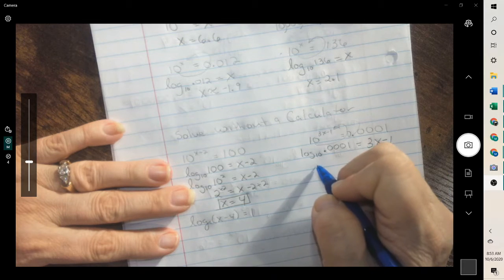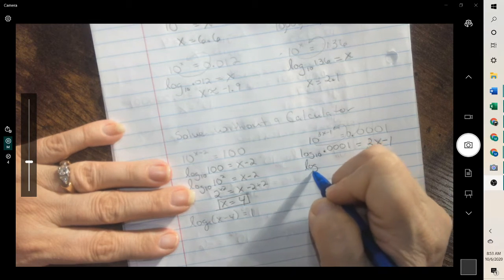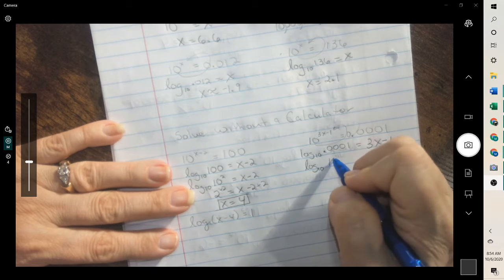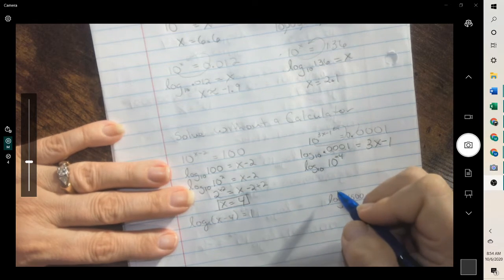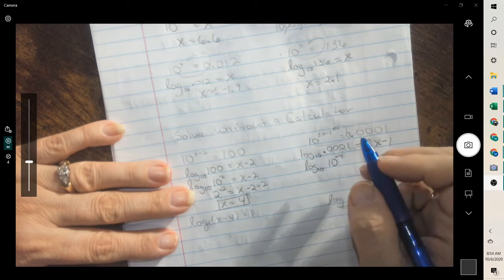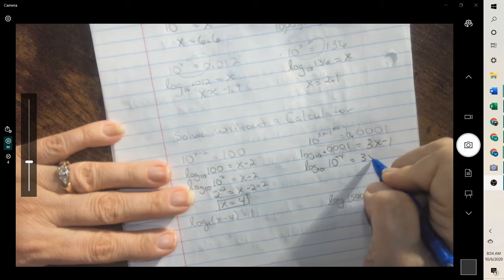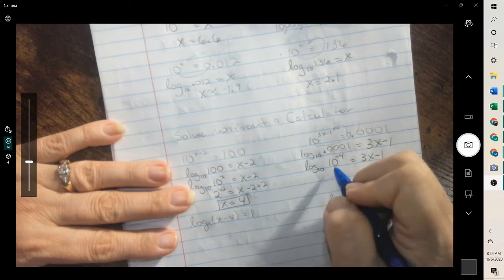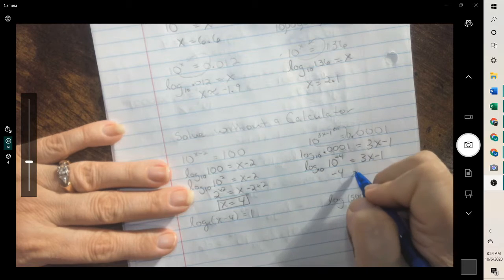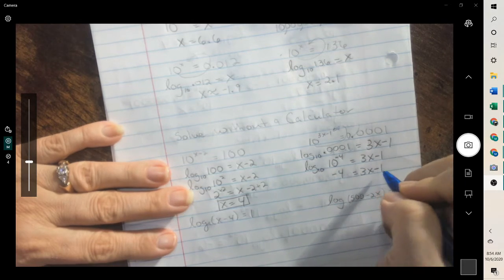This is 10 to the negative 4, negative because the 10 needs to get smaller. Equals 3x minus 1, which means negative 4, because these are the same base, equals 3x minus 1.